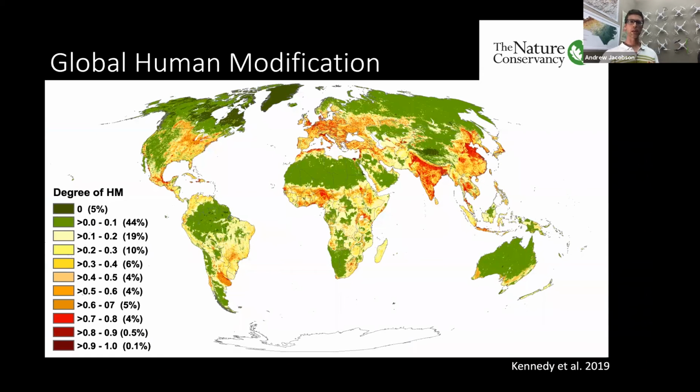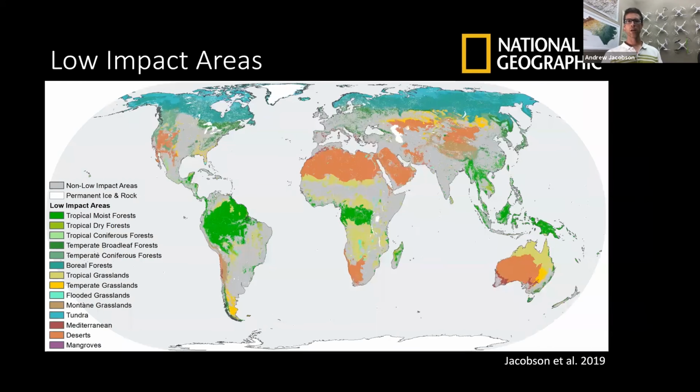Most recently, there are two global maps that were just put out in the last year or so. This one, Global Human Modification, was put out by the Nature Conservancy. It's a continuous measure of human modification on the planet, ranging from 0 to 1. And then finally, also part of my postdoctoral work with National Geographic, we put out another categorical map called low human impact areas.